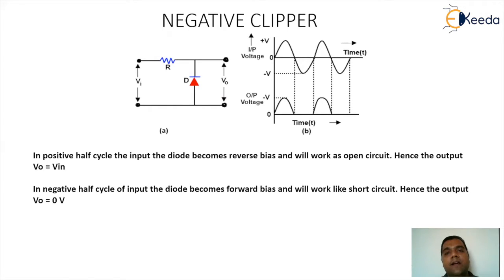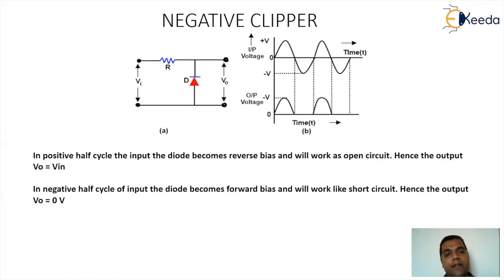Here we are discussing a negative clipper. So when we talk about a negative clipper, the main target is to clip off the negative half cycle. So if you see the arrangement carefully, when I give an input as a sine wave, the observation will show that in the positive half cycle, the diode will be reverse bias. And since the diode is reverse bias, it will work like an open circuit.